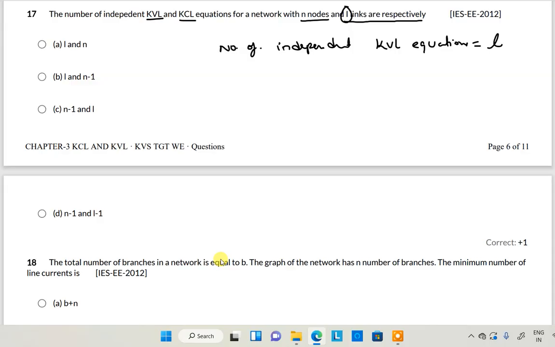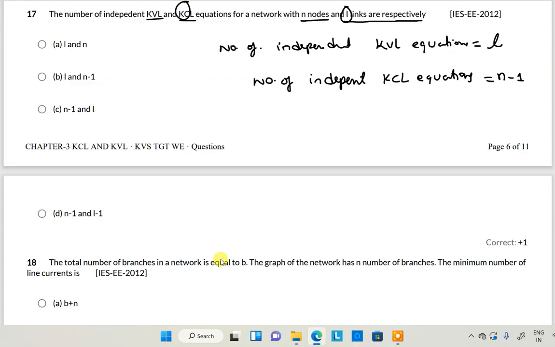And second one, number of independent KCL equations is equal to N minus 1. So which option is correct? L comma N minus 1.